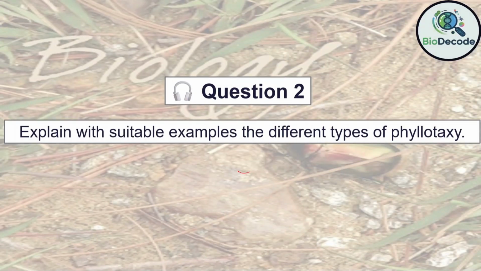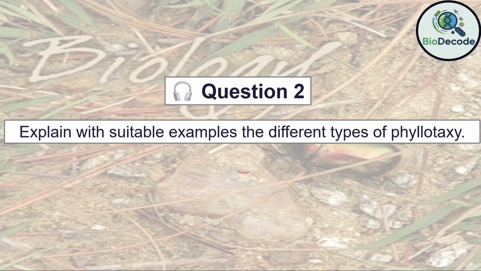Question 2. Explain with suitable examples the different types of phyllotaxy. Answer. Phyllotaxy refers to the arrangement of leaves on a stem, which helps optimize light capture. In alternate phyllotaxy, a single leaf arises at each node alternately along the stem, as seen in China rose.